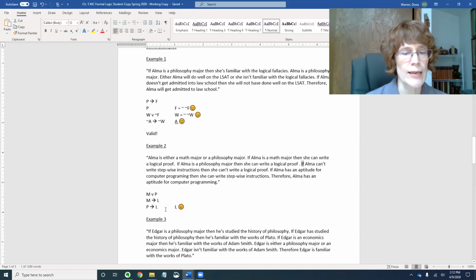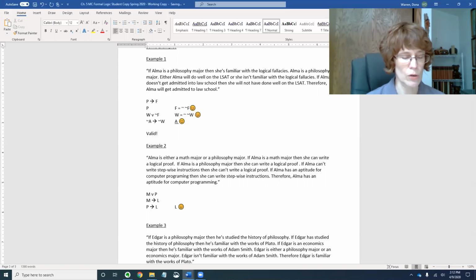Right now, we are at this sentence. If Alma can't write stepwise instructions, then she can't write a logical proof. So if she is unable to write stepwise instructions, you could use I if you want, then she is unable to write a logical proof. And look what we have.